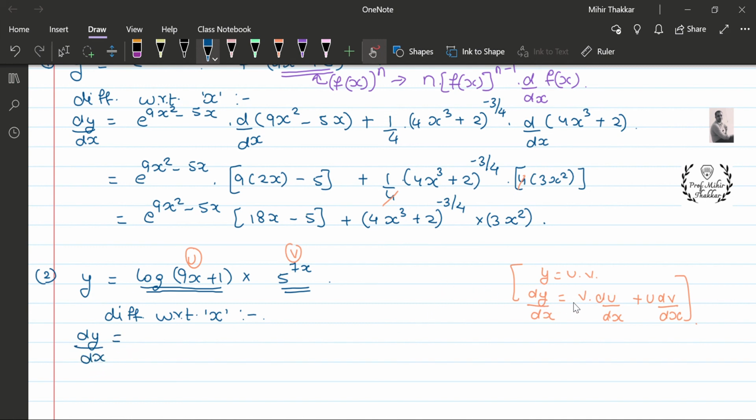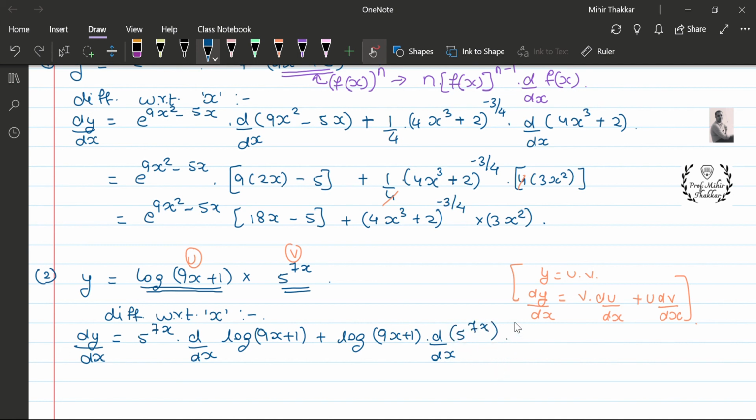v into the derivative of u, that is 5 raised to 7x into the derivative of log of (9x plus 1), plus log of (9x plus 1) multiplied by the derivative of 5 raised to 7x.